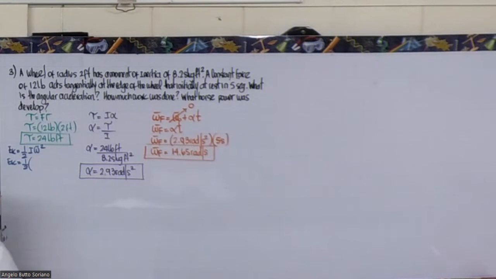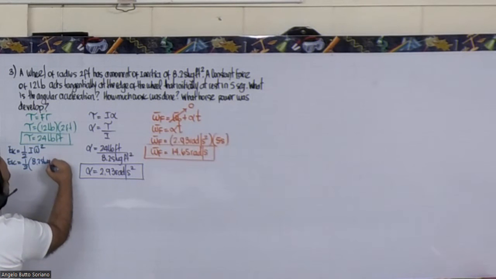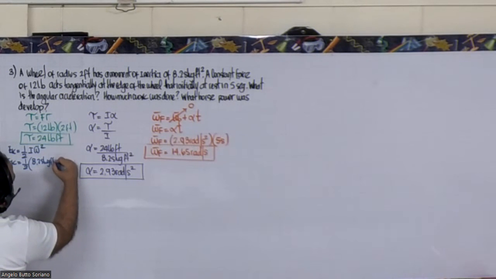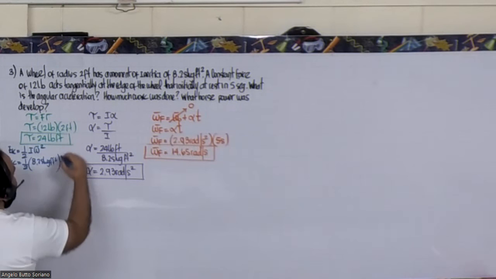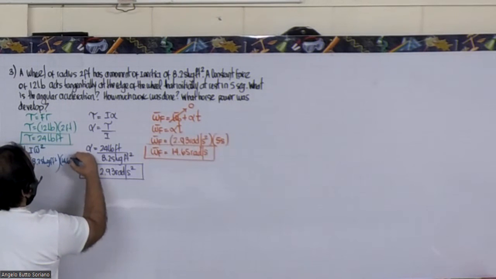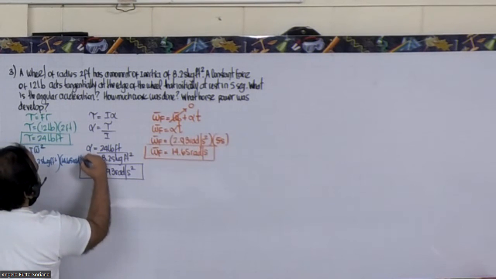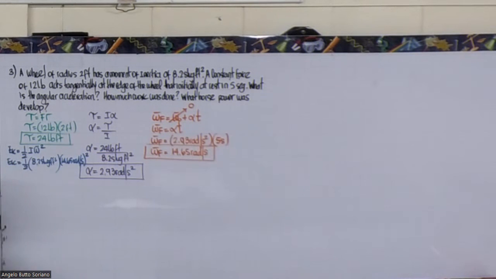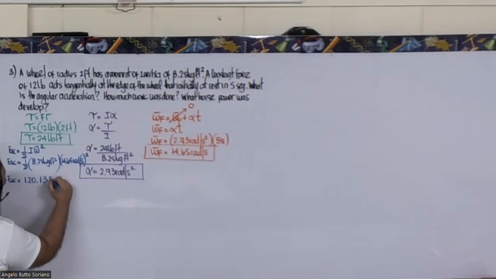Iota is 8.2 slug feet square, and omega is 14.65 radians per second squared. So the kinetic energy will be 120.3 joules.